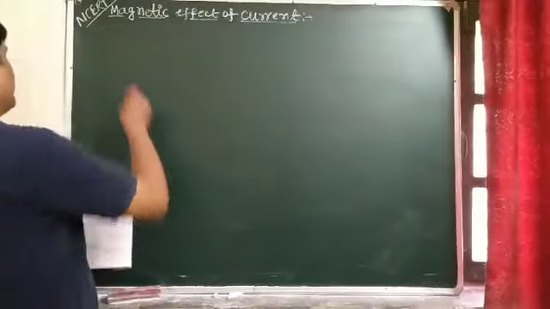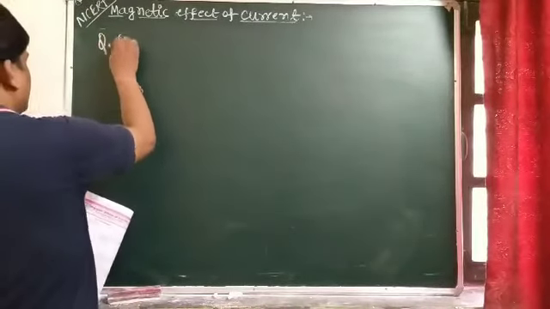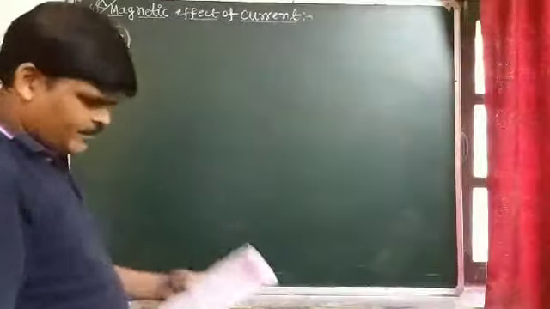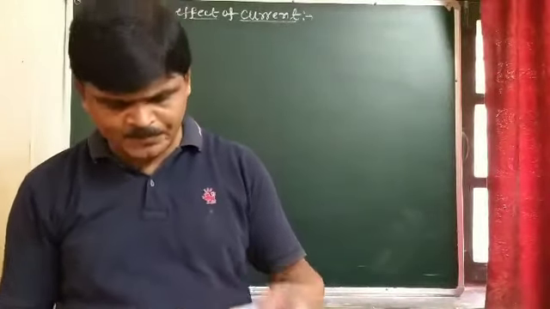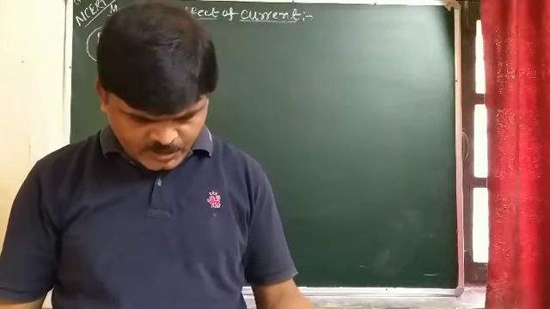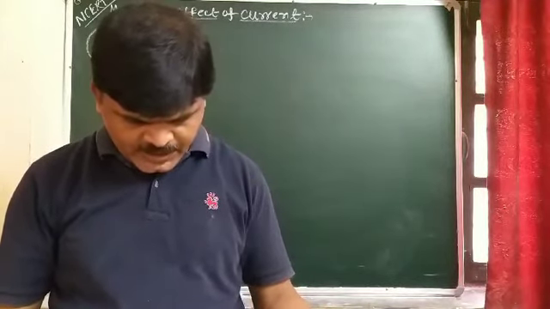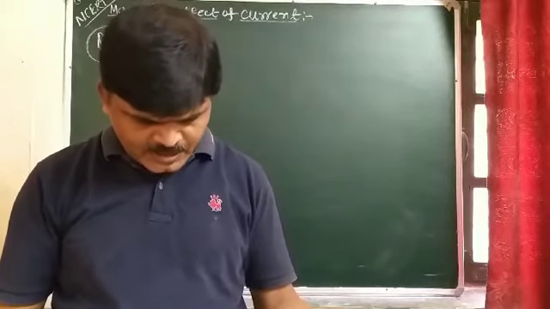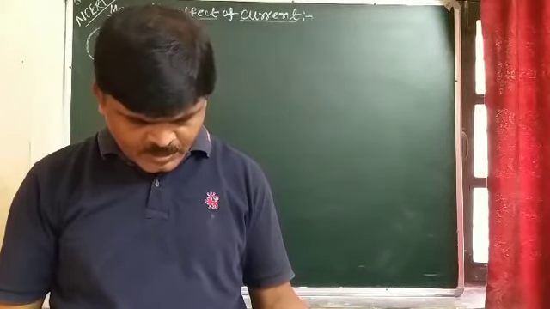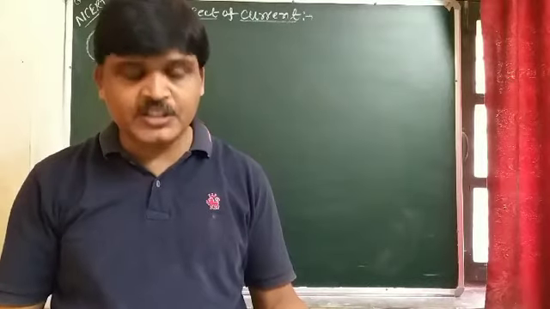Question number 8. And students, a closely bound solenoid 80 centimeter long has 5 layers of bindings of 400 turns each.